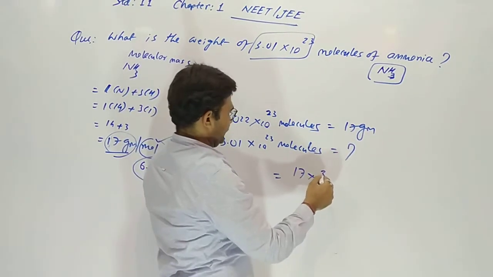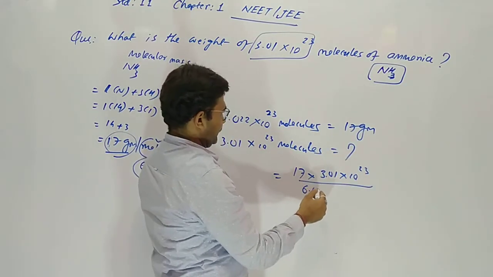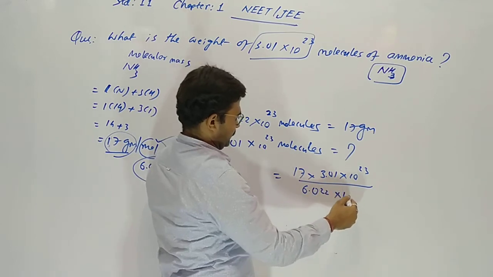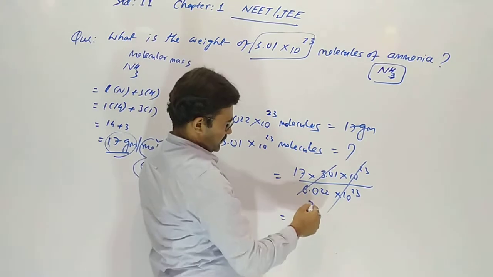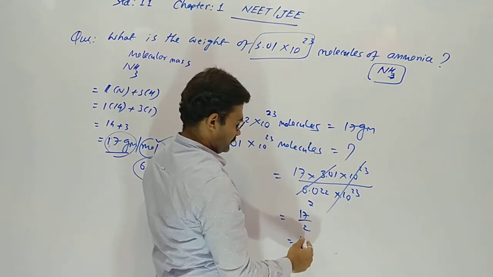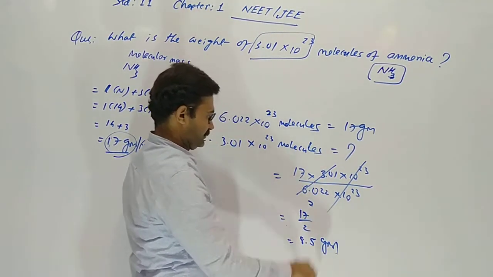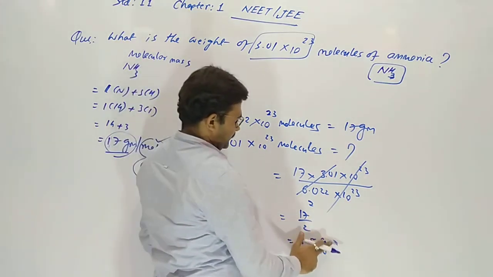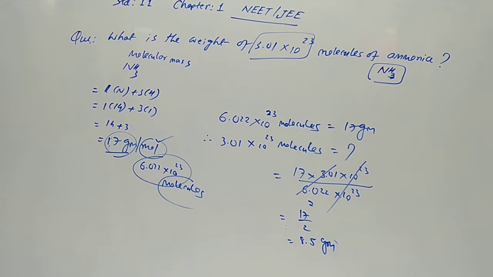So 17 into 3.01 10 raised to 23 divided by 6.022 10 raised to 23, it will cut. Yes, 17 by 2 means 8.5 gram. Understood? This is our answer. This type of question is asked in our exam. So you have to do practice.